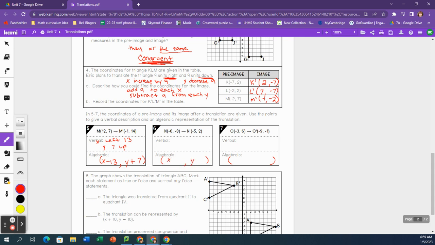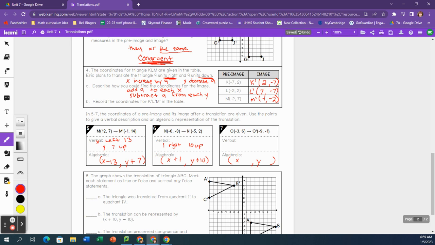Okay, let's do the rest of these. X, Y, X, Y. Okay, so what took place here? Well, -6 to -5 is going to go 1 to the right, and so it's going to be plus 1. And then negative 8 to 2, that's going to be 10 up, and so plus 10.